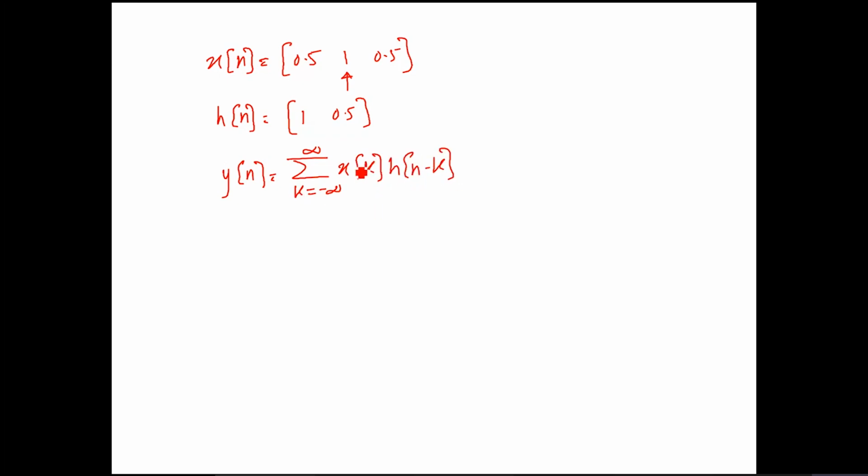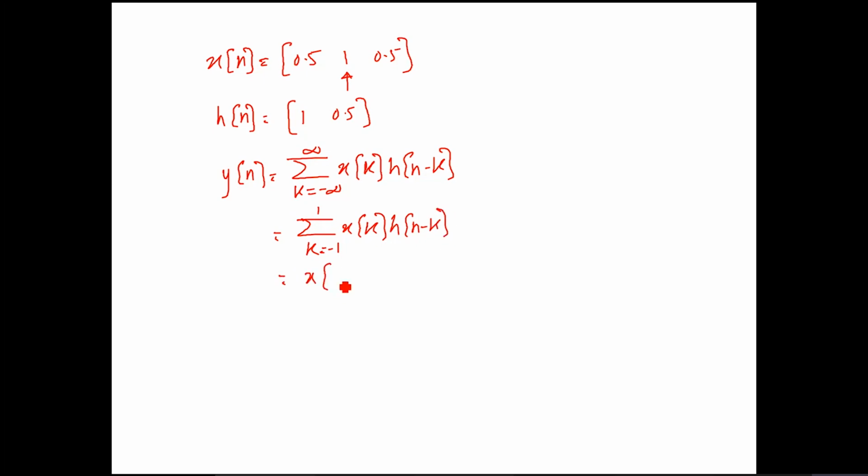So this is your convolution sum, and in this case x of k starts from -1 and ends at 1. So I will write it as k equal to -1 to 1, x of k h of n minus k, and then plug in the values.